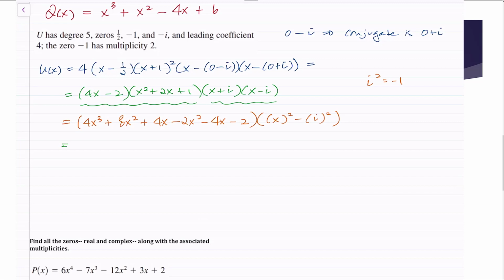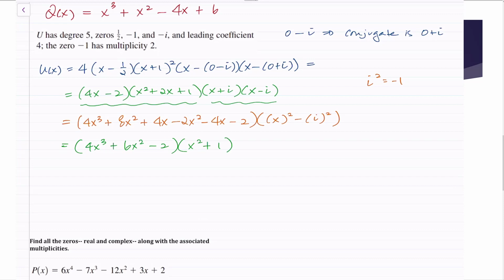We can do a little bit of cleanup on both of those. In that first quantity, the only cubic term is the 4x cubed. But I have a couple of square terms. I have an 8 and a -2, so that's going to give me 6x squared. And then I have a 4x and a -4x. That goes away. And then I have a -2. And then x squared, and minus a -1, of course, would be plus 1.